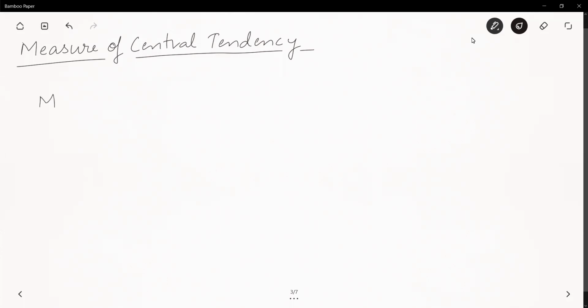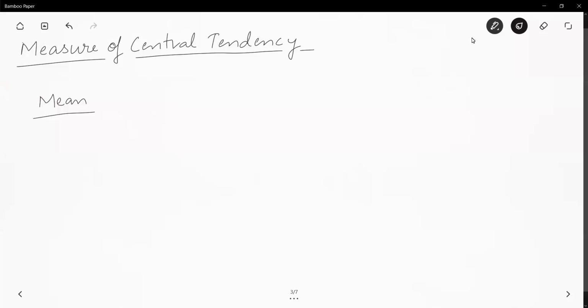So the very first technique inside the measures of central tendency is the mean. Now mean or average is equal to the sum of the measurements divided by the total number of values inside a data set.